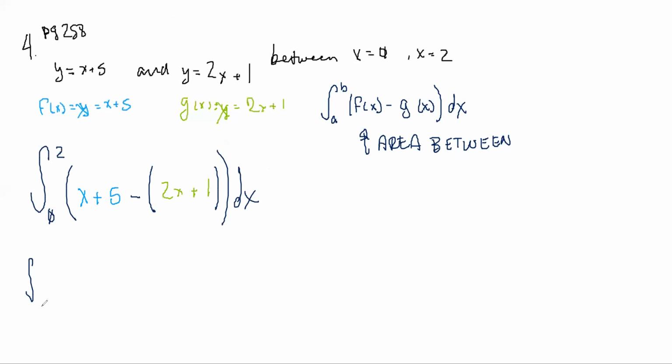Simplify this out: from 0 to 2, x plus 5 minus 2x minus 1. Distribute that negative sign. Using algebra, it's just negative x plus 4 dx.